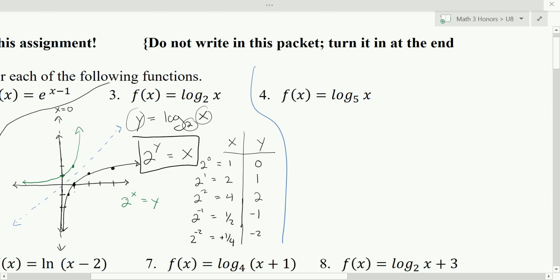And I should be modeling correctly. So on our last one, we should be labeling at least 3 points here. So I'm going to do that: 1, 0, 2, 1, and 4, 2.